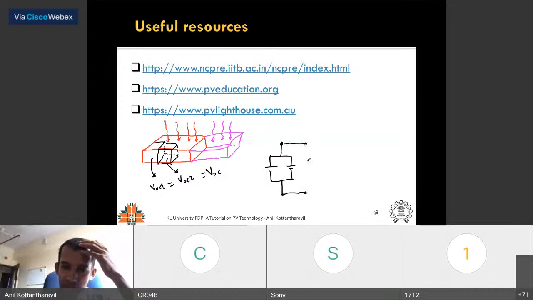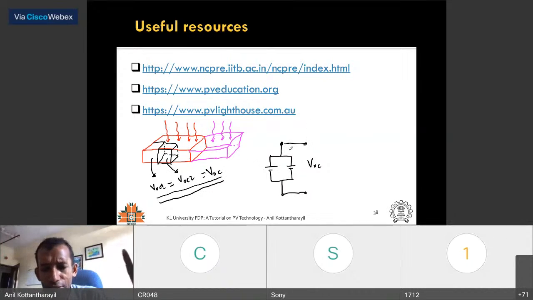They are not adding up. So I can add anything here, the area, and this is not going to change. So this is the circuit perspective.